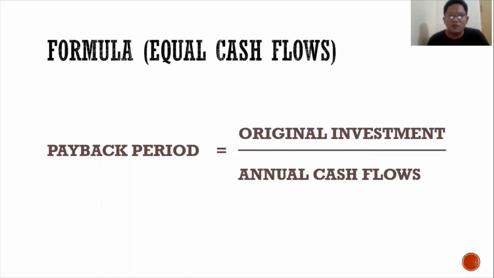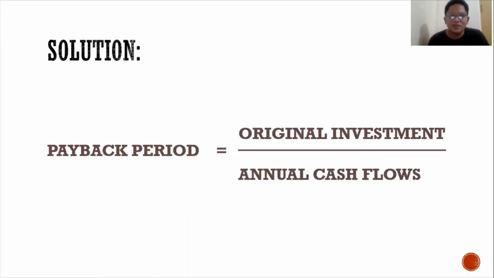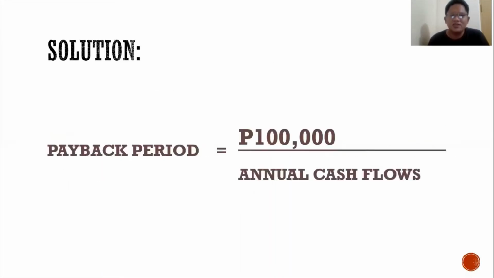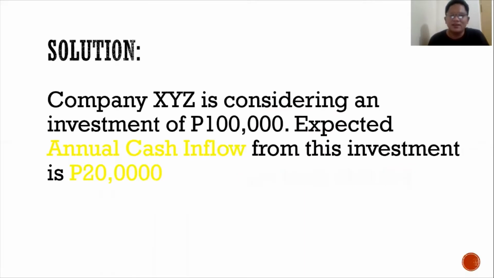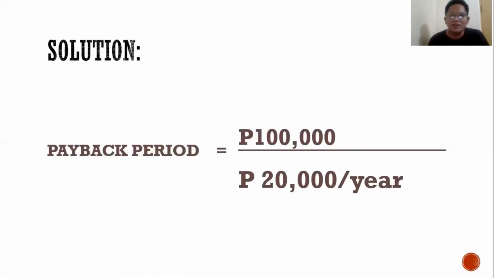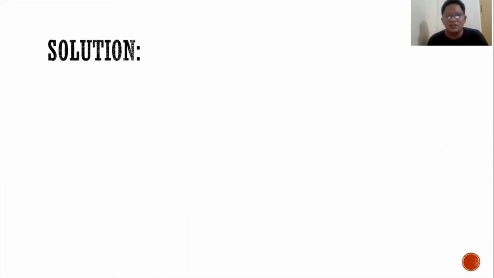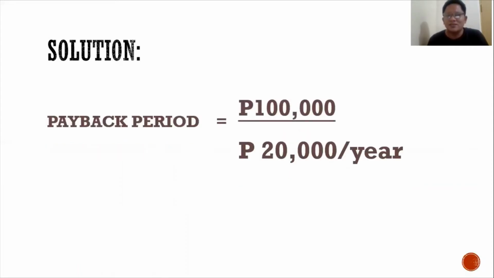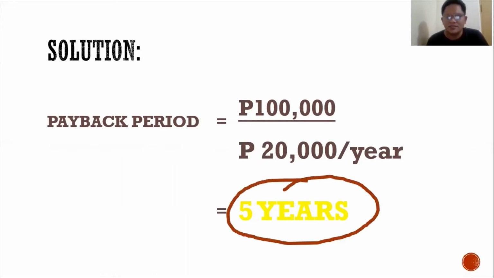Going back to our formula, payback period is investment divided by annual cash flows. Your investment is 100,000, so 100,000 divided by the yearly cash flow of 20,000. Our solution is 100,000 divided by 20,000 per year, so our answer is 5 years.